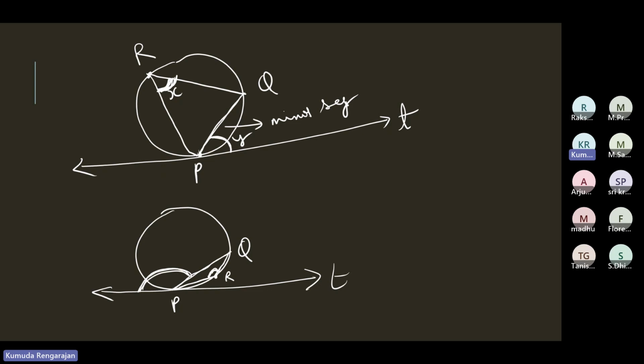Here the angle subtended by the chord is in the minor segment, and the angle between the chord and the tangent is in the major segment. This angle A is equal to this angle B, alternate segment theorem.